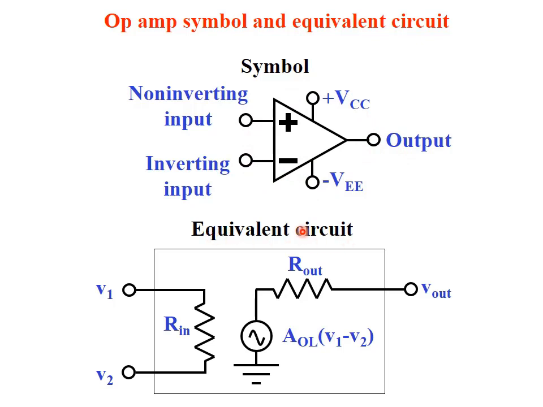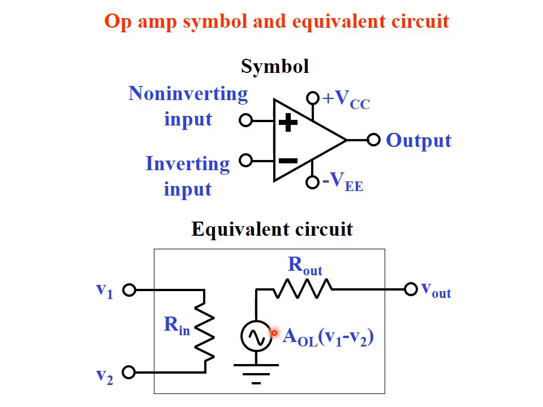The equivalent circuit of the operational amplifier is shown here. We have two inputs, and we have an input resistor that is a very high input resistor, and we have a source.